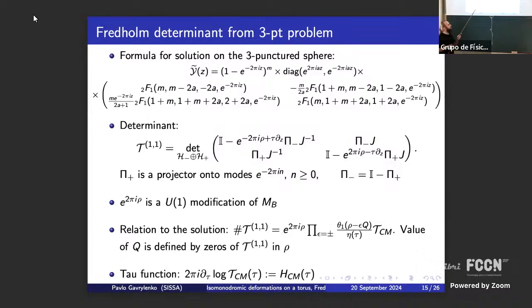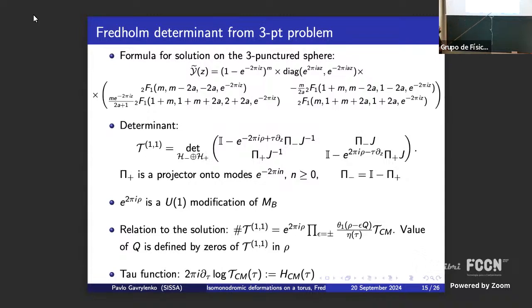And this operator also contains some letter rho, which corresponds to an additional U(1) twist of the bundle monodromy or bundle twist, because it does not matter whether we count it as a monodromy or as some additional moduli of a complex bundle, because we cannot distinguish left and right applications.